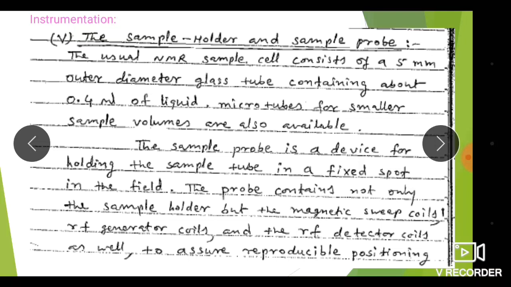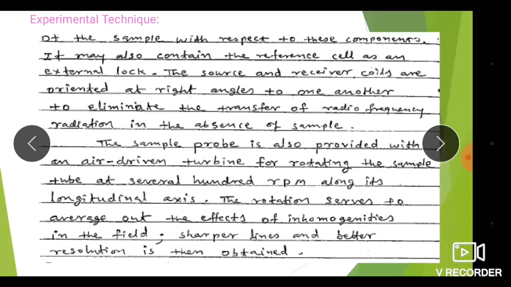So in the field we require a good sample probe. The probe contains not only the sample holder but the magnetic sweep coils, RF generator coils, and the RF detector coils, and it assures reproducible positioning of the sample with respect to these components.